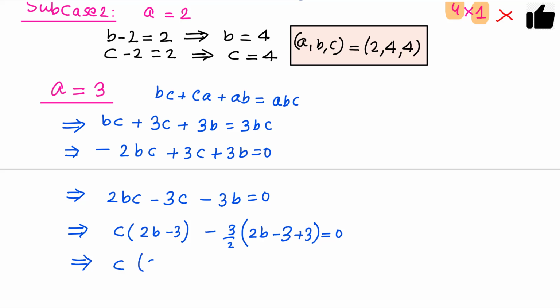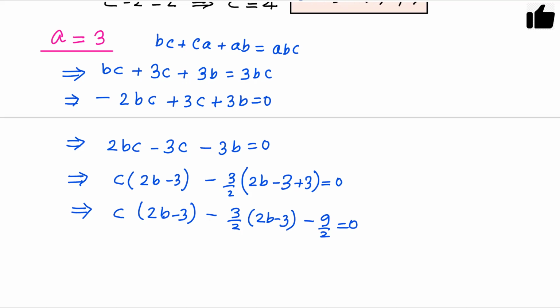So this is C times 2B minus 3, and this is minus 3 by 2 times 2B minus 3, and this will be minus 9 by 2 equals 0. So from here you can say this is 2B minus 3 times C minus 3 by 2, equals 9 by 2.